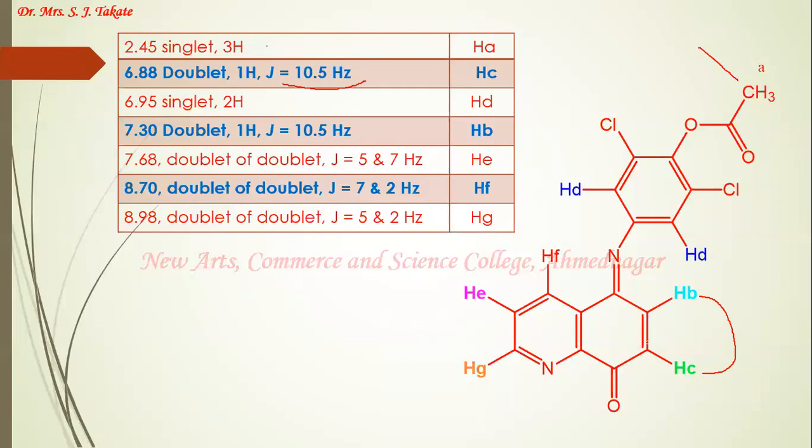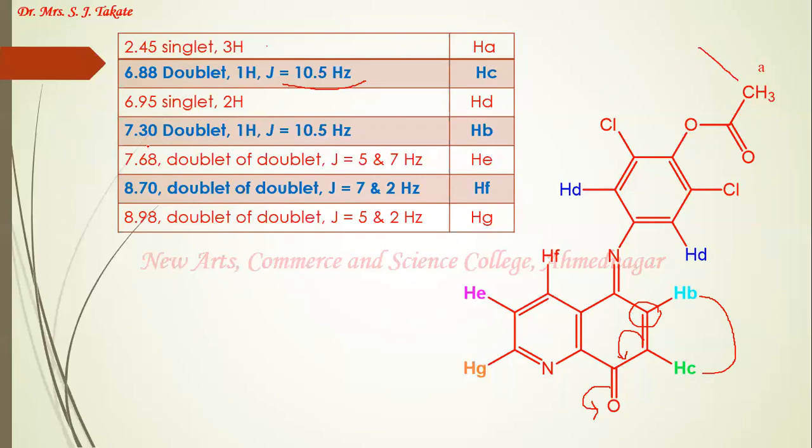Now let us check this. Due to the resonance effect of the carbonyl group, the beta carbon atom to this carbonyl group, that is here, is electron deficient, and as it is electron deficient, the B proton is de-shielded.